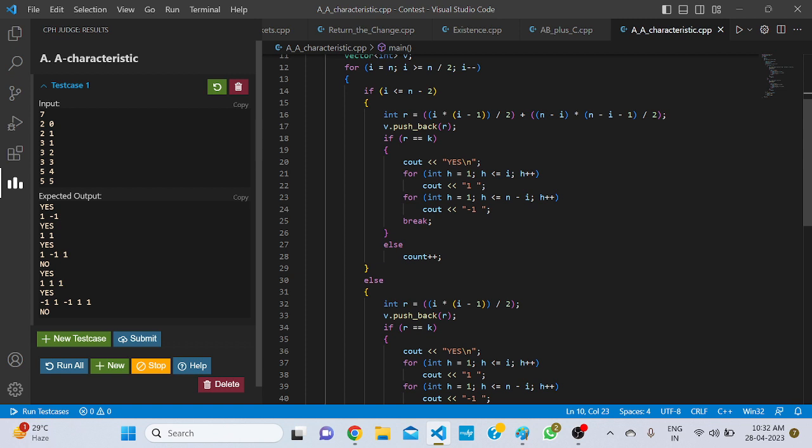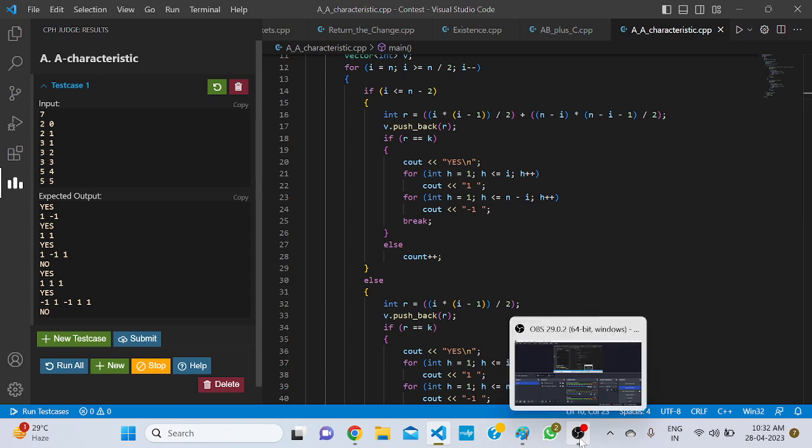Now we will check whether our vector contains k, which is the given number of characteristic. If r is equal to k, then we will print yes. Here also if r is equal to k, then we will print yes, and also we have to print that array. So how will we print that array?